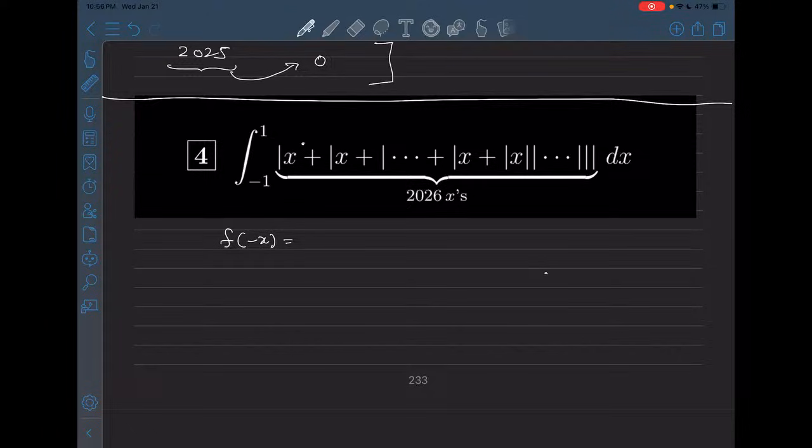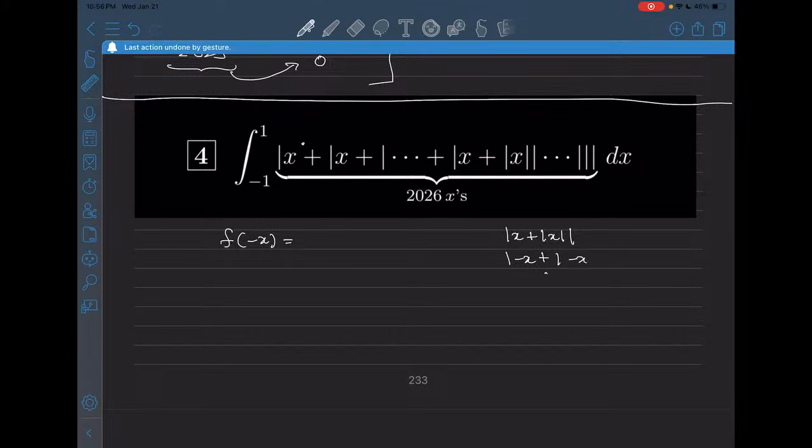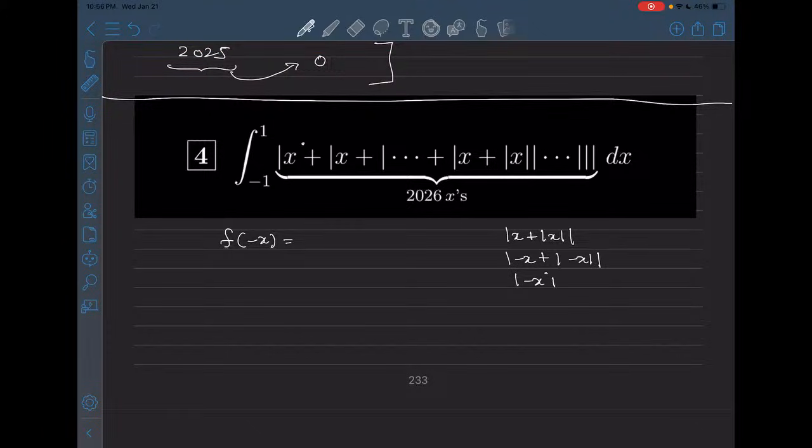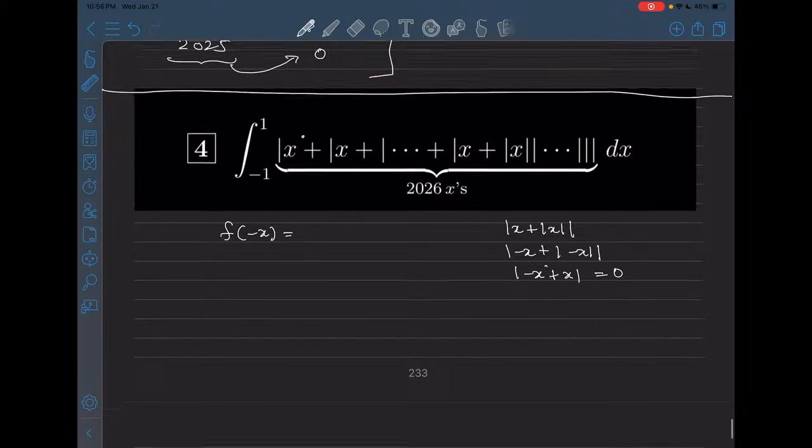Let's say there are just two of them. If I plug in -x, I have -x plus the modulus of -x, so this is -x plus x, and that is just 0, right?